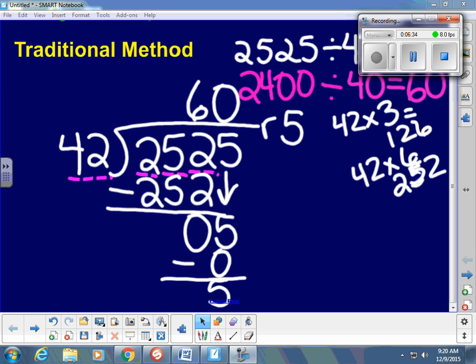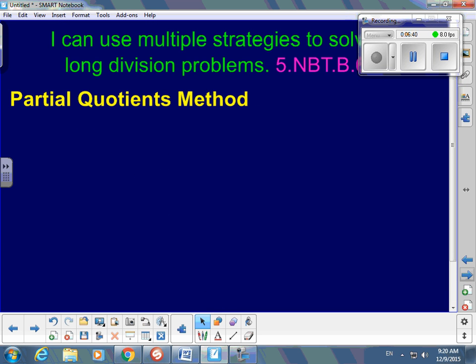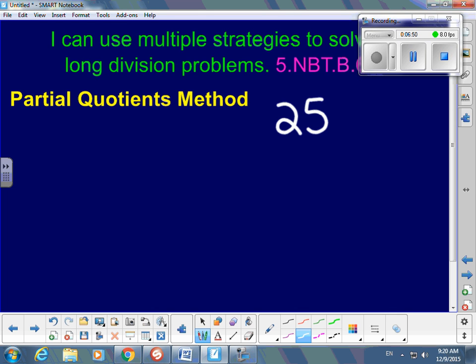We're going to turn the page now, and we are going to try a similar problem, but this time we're going to use the partial quotients method. Okay, so this time we had 2,525, and this time we're going to do divided by 22.